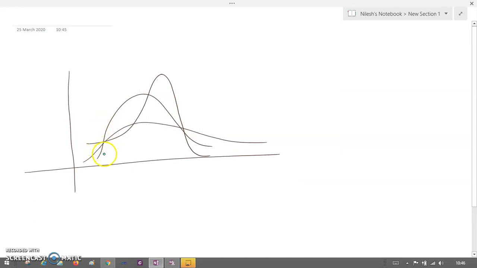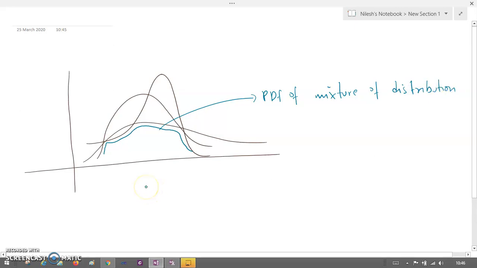The linear combination is going to look like this. This is not exactly the PDF that I want, but this is the PDF of a mixture of distribution. I hope you are getting it.